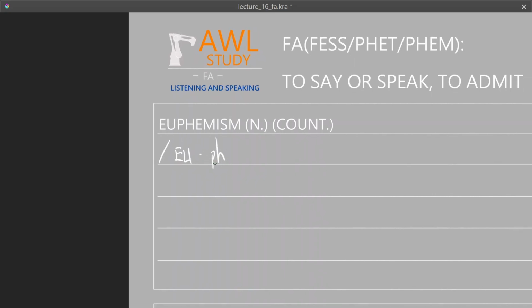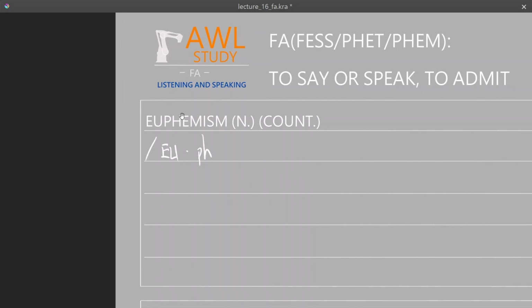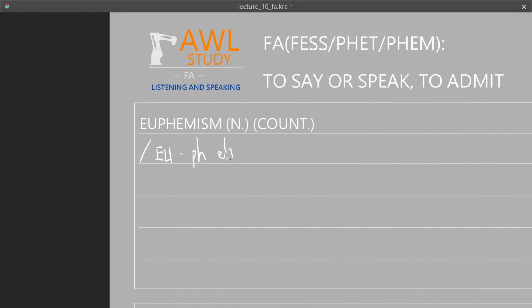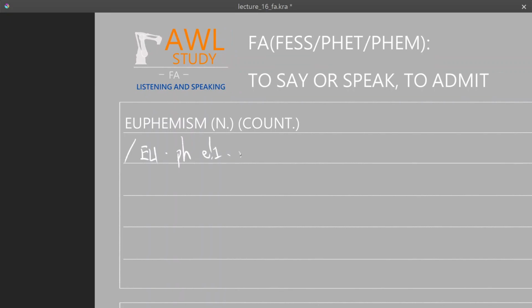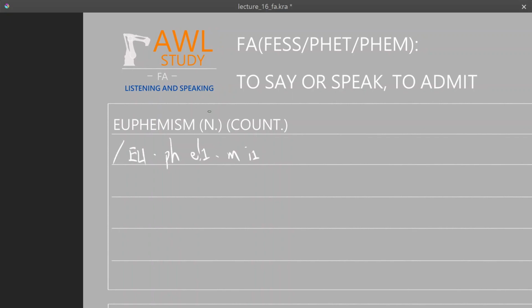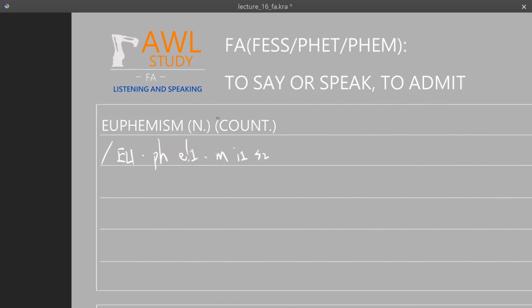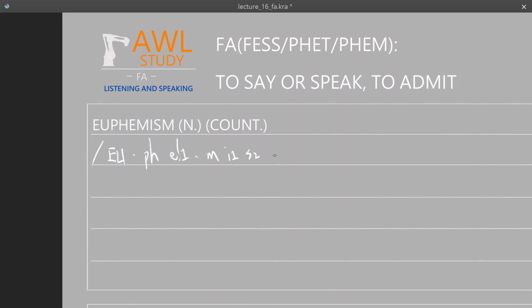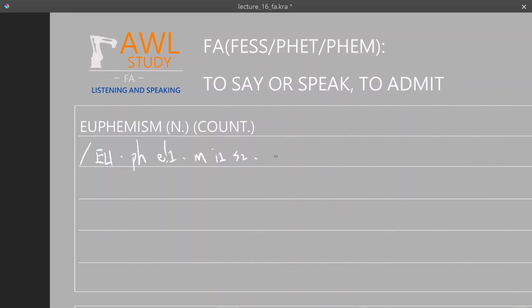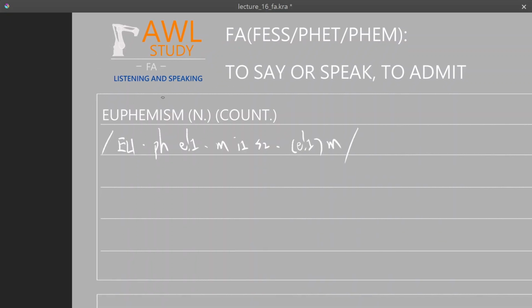This is a two-letter sound. The first schwa sound. E, the first sound of E. The second sound of S. So, euphemism.